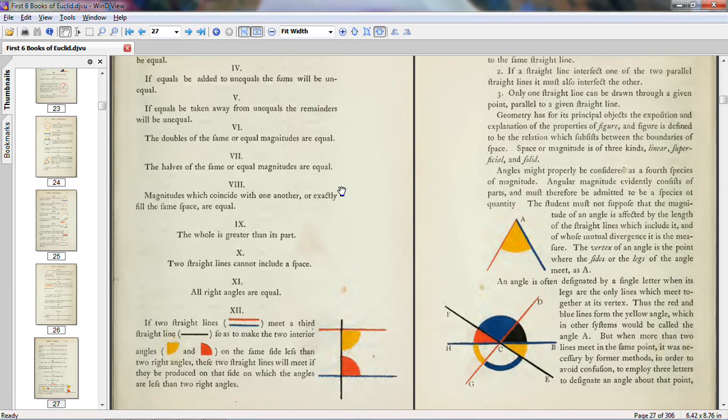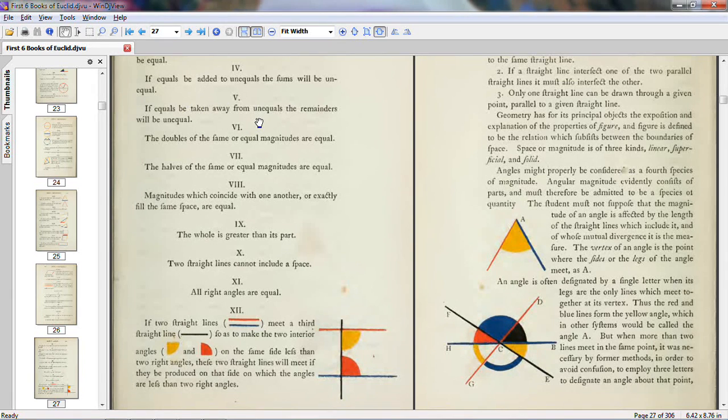This next one is not included currently, and so I assume that this one is unnecessary. It does not need to be stated as an axiom. It can be proven from the others. But I'll state it. If equals be added to unequals, the sums will be unequal.